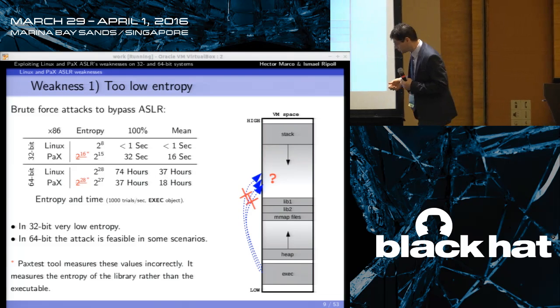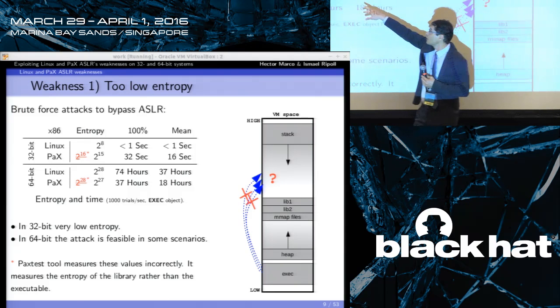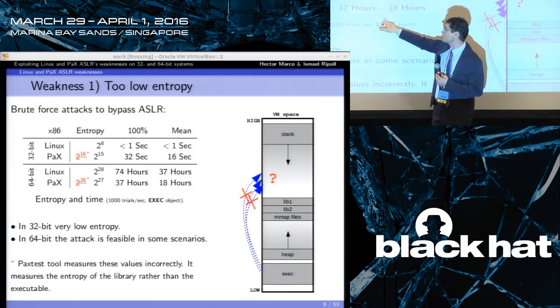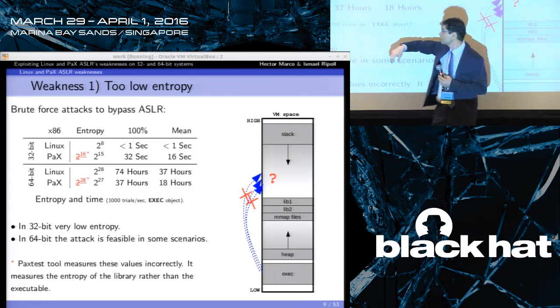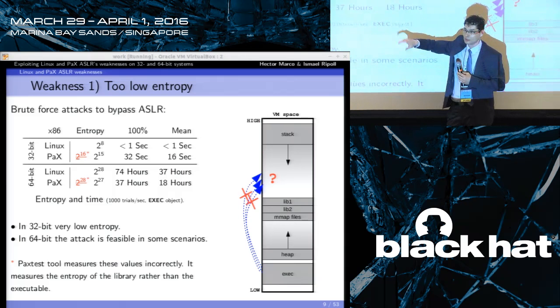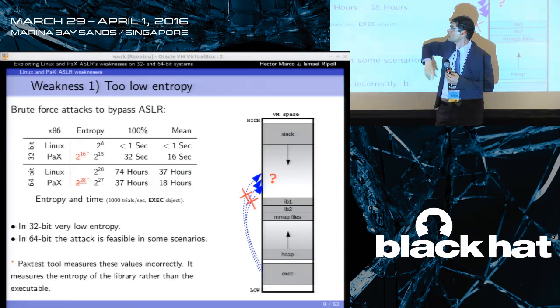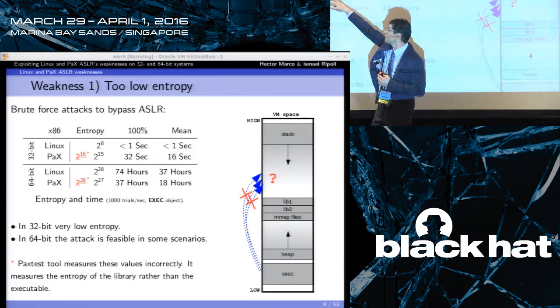Okay, so right now in Linux, in both cases, it is quite weak. I mean, the number of seconds. Well, this is the executable, and this is the speed. It's considering 1,000 trials per second. This is the time needed to break Linux, 1 second in 32 bits, 32 seconds using PaX. This is the real entropy of the executable.